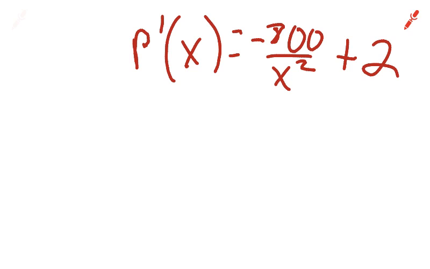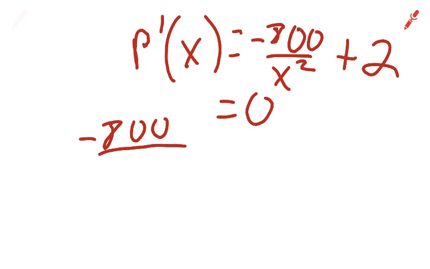And we need to set this equal to 0. So negative 800 feet squared over x squared equals negative 2, because we just brought the 2 over.